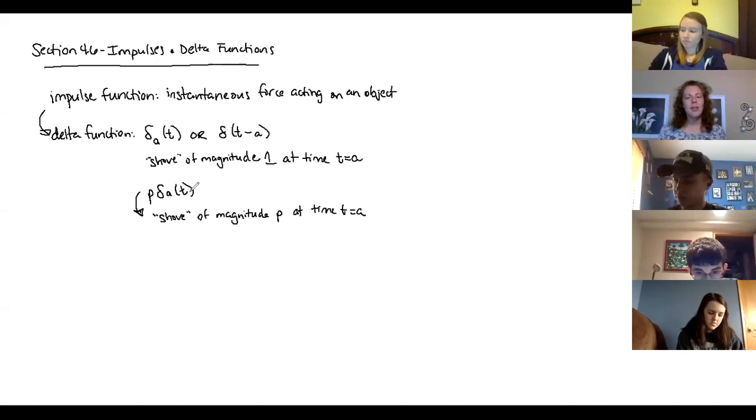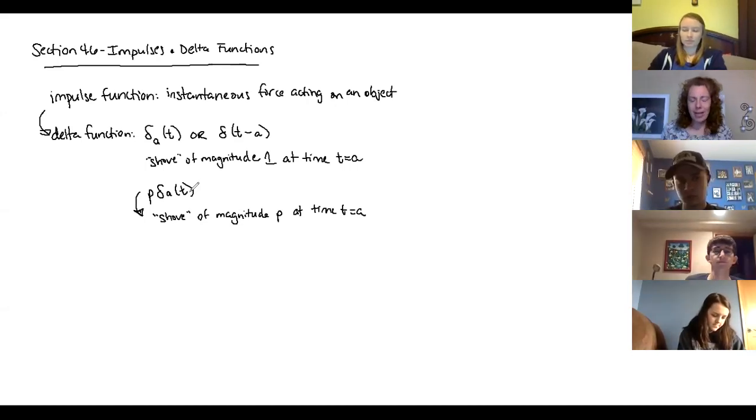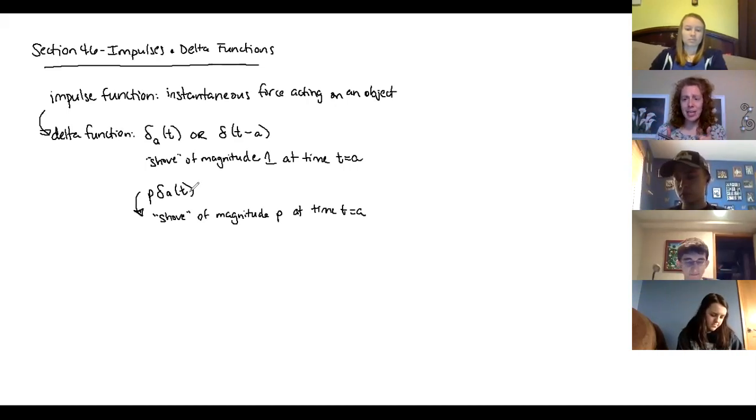So we have to multiply the function by whatever we want our magnitude to be. Our default magnitude is 1, and if we want a different magnitude, if we want to shove it harder or less hard, then you need to multiply by p out in front. So that's the concept of this function. We've got to do a mathematical definition, but that's the concept. Does the concept of this function make sense? Yes, basic concept, what's going on?